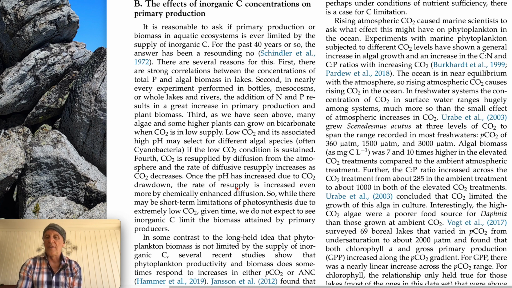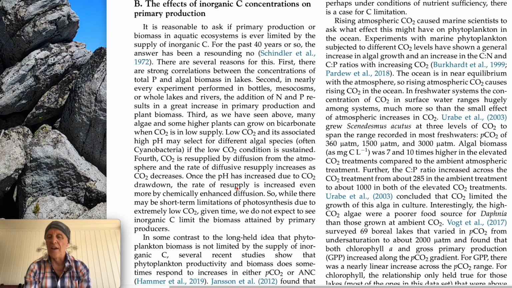Rising atmospheric CO2 caused marine scientists to ask what effect this might have on phytoplankton in the ocean. Experiments with marine phytoplankton subjected to different CO2 levels have shown a general increase in algal growth and an increase in the carbon to nitrogen and carbon to phosphorus ratios with increasing CO2.